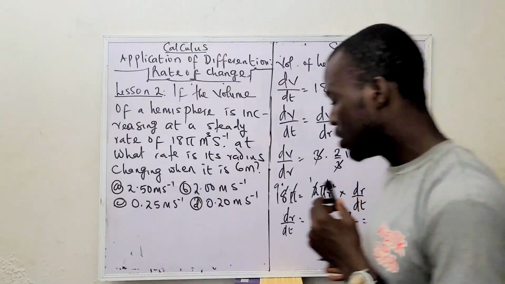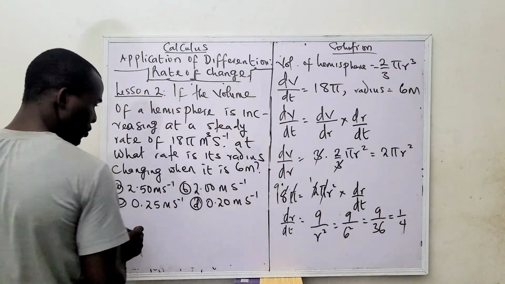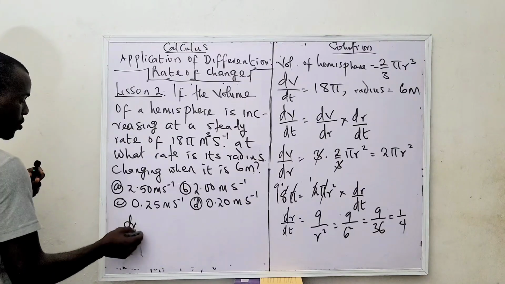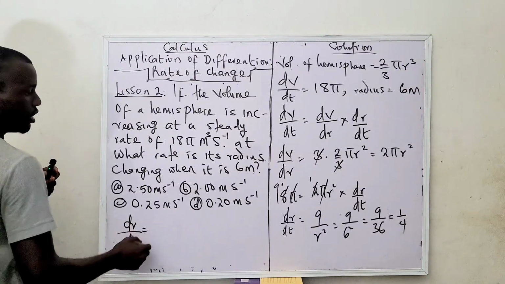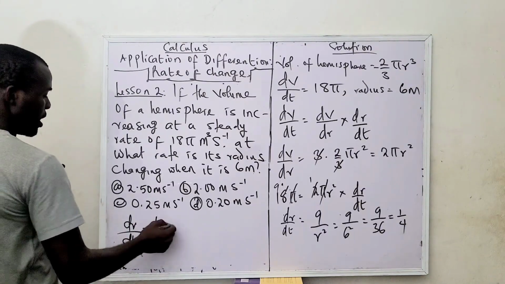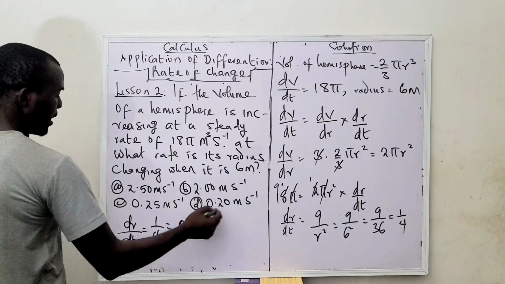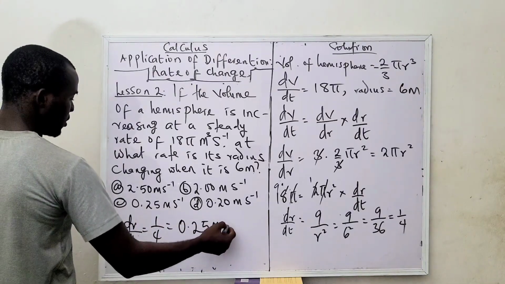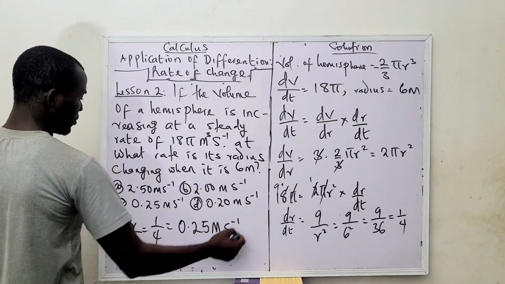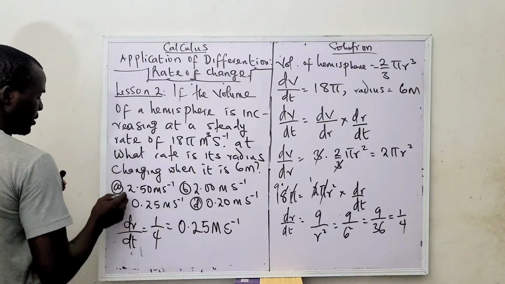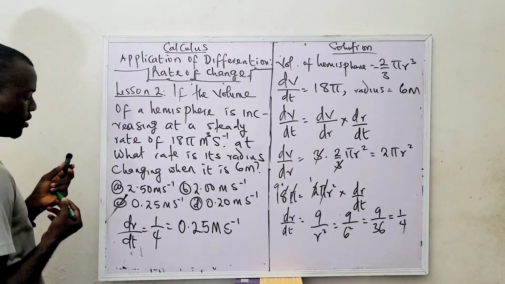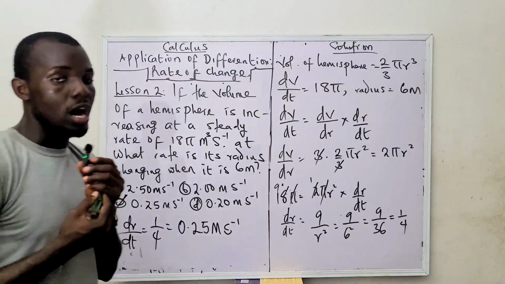Okay, and what is 1 over 4? Our dr over dt equals 1 over 4, and in decimal that will be 0.25 meter per second. And C is going to be our answer.